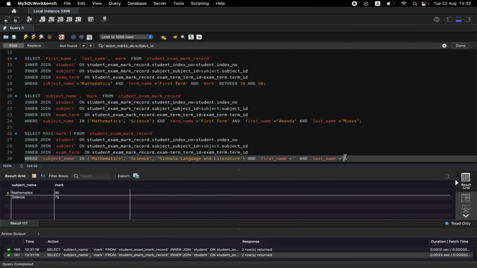First name is Madara and lastly the term name, which is second term.